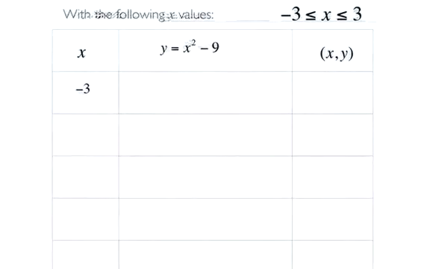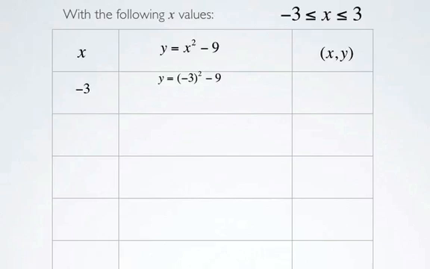Let's look at x equals negative 3. So when x equals negative 3, y equals, in brackets, negative 3 squared minus 9. 9 minus 9 is equal to 0. That means that the coordinate at this point is negative 3, 0. Let's look at the next one.